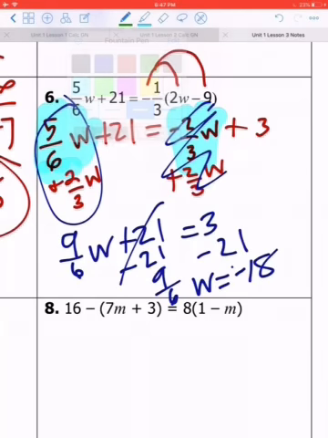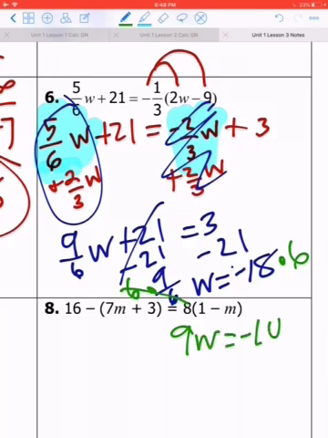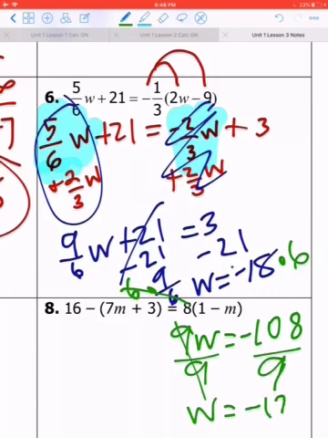So to get rid of divide by 6, I'm going to multiply both sides by 6. And that's 108, so I get 9w equals negative 108. And then I divide by 9. You can absolutely multiply by the reciprocal if you want. That just looks more confusing to me. So negative 12, that's our answer.